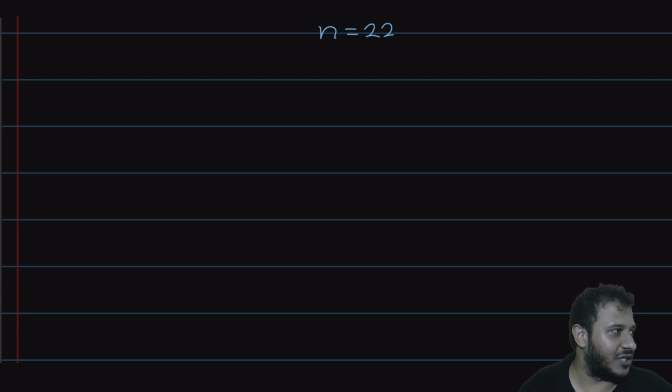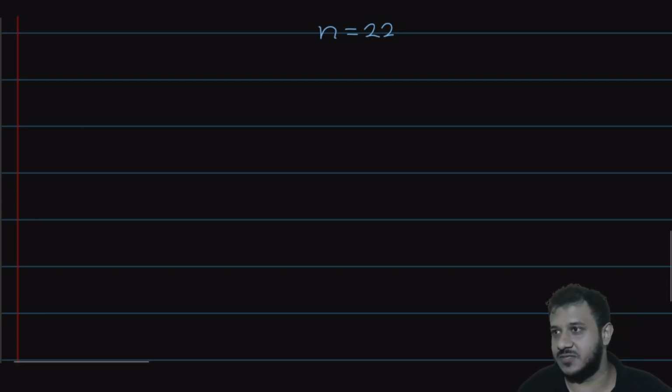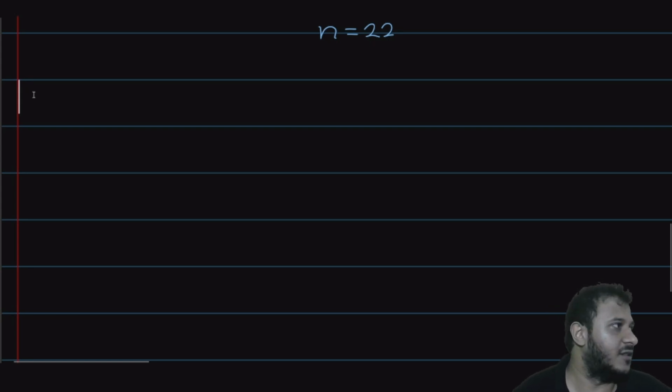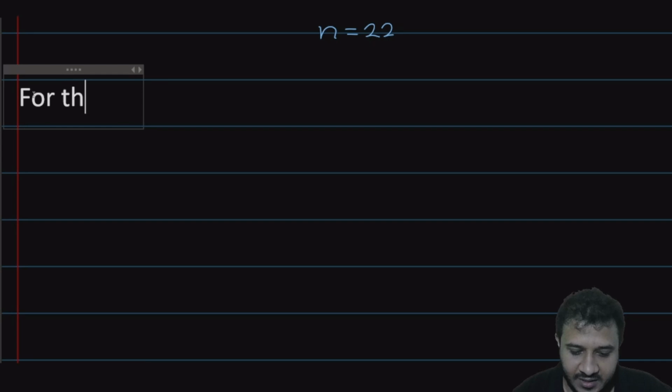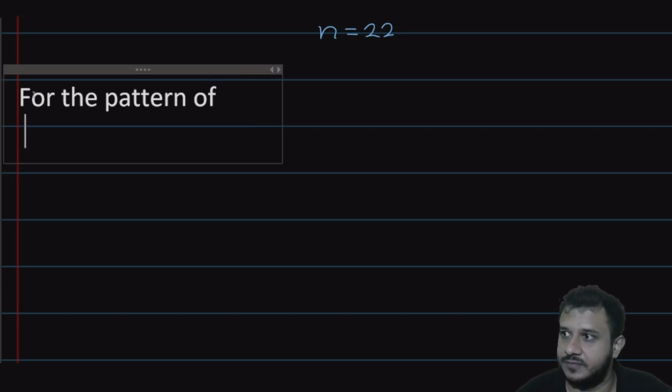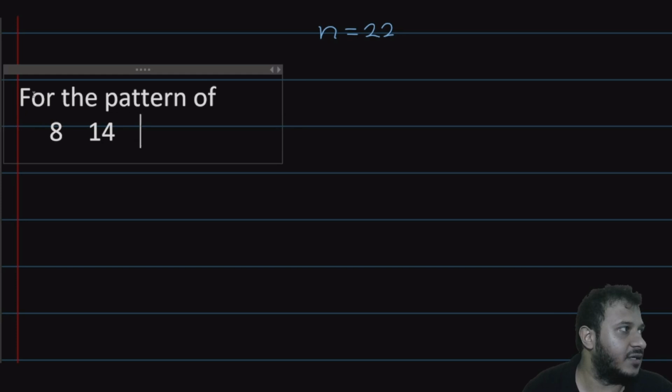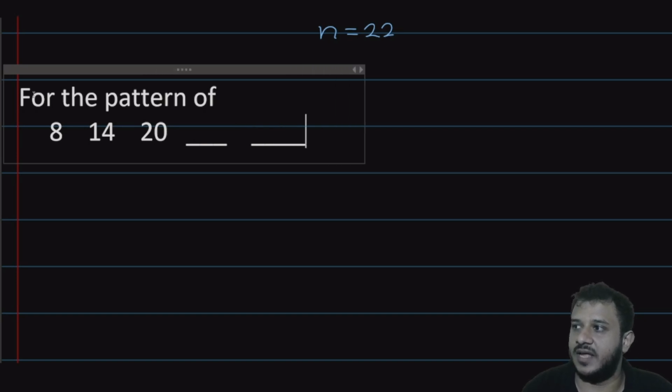Cool. So then, let me give you some questions to do by yourself. Let's see how you guys will do it. Write down the number pattern here. For the pattern of 8, 14, 20, blank, blank, blank.